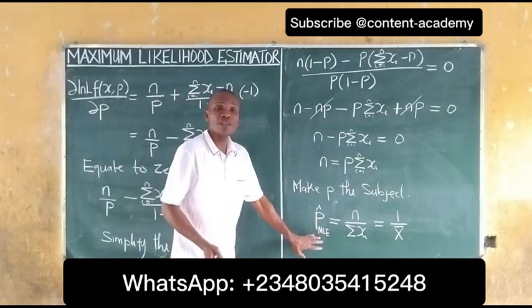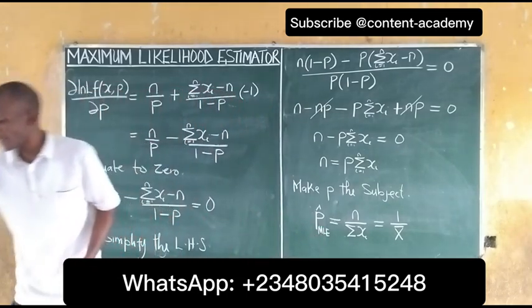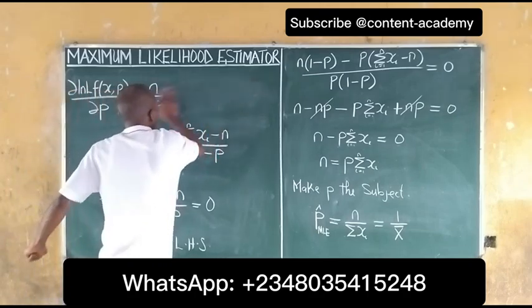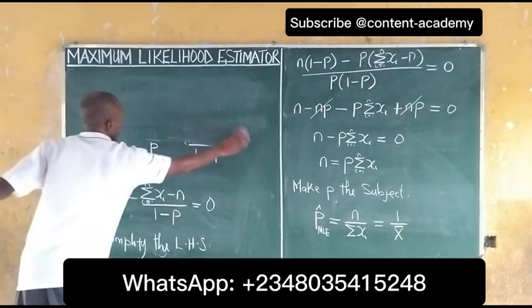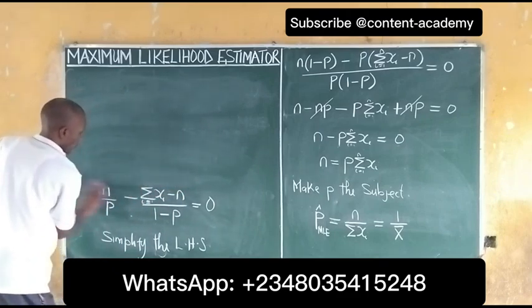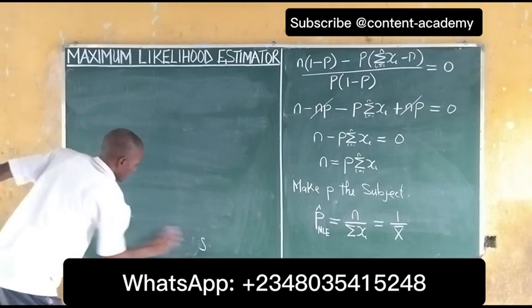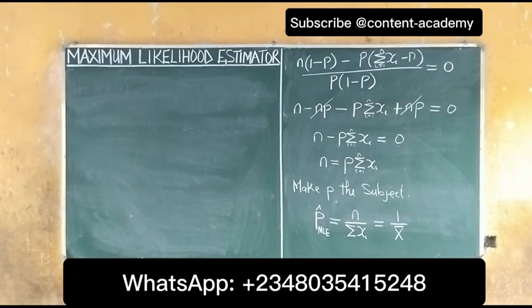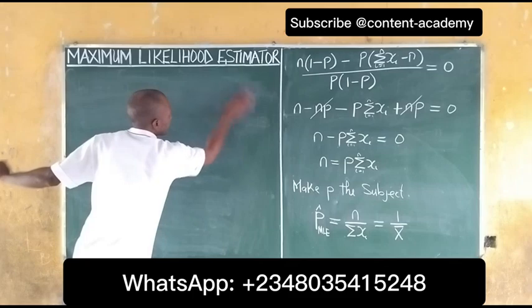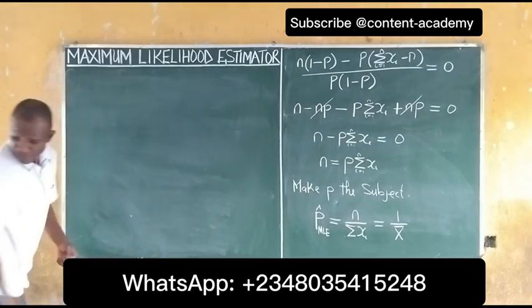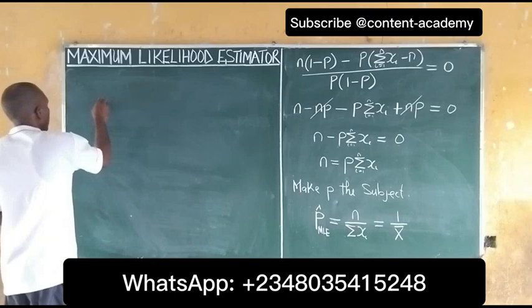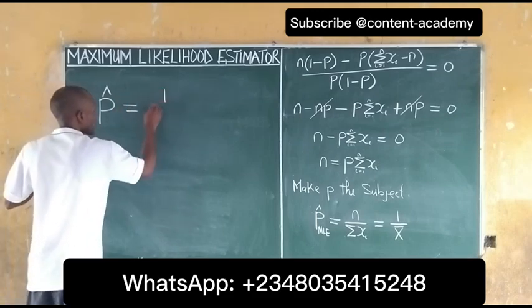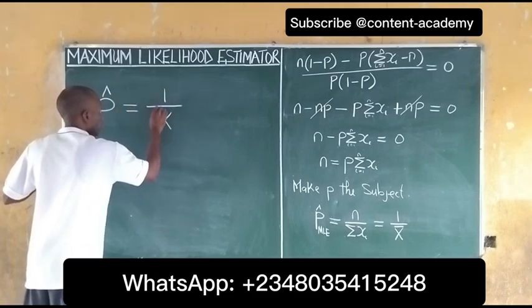So we can now simply write our p estimate here as p hat is equal to 1 all over x bar.